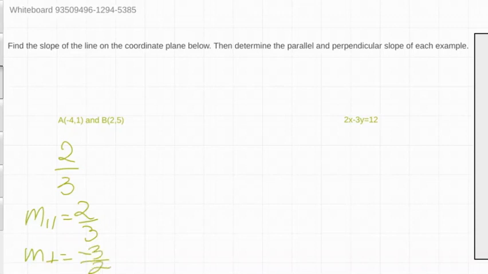For our equation over here, we would have to simplify it to y equals mx plus b, and we would get our slope to equal 2 over 3 again. Again, our parallel slope would be 2 over 3, and our perpendicular slope will be negative 3 over 2.